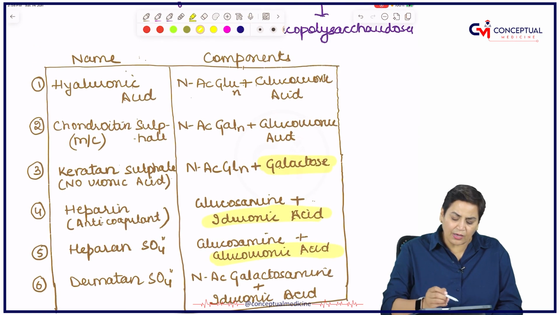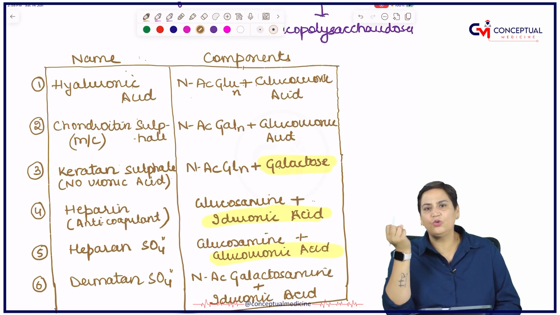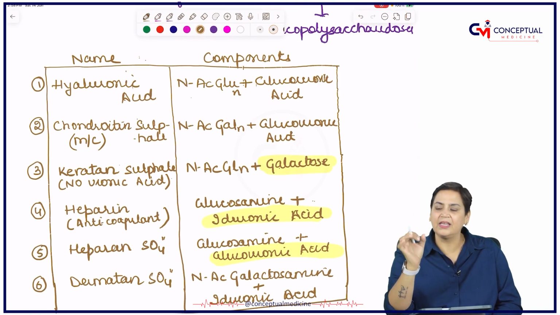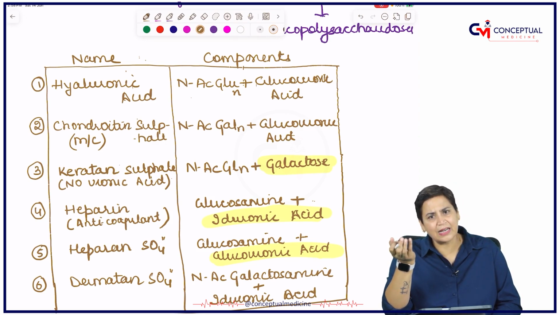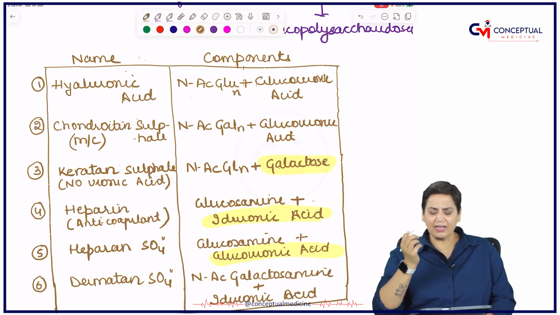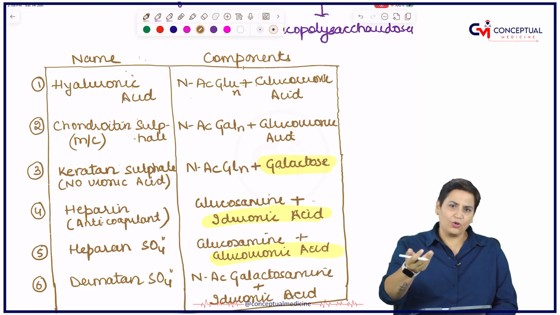Now, if we talk about the functions, hyaluronic acid plays a very important role in morphogenesis, in metastasis, and in recognition by the sperms during fertilization, because hyaluronidase is the name of the enzyme. It also plays a role in inflammation.